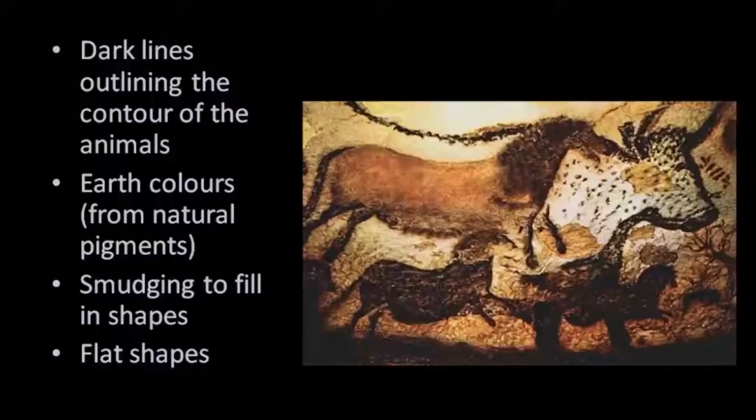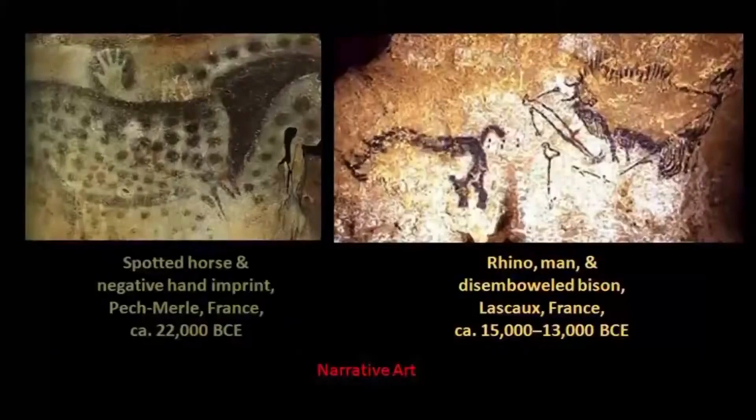Sometimes there would be rough textures, sometimes there would be just dabs of colors, sometimes just flat shapes, and so forth. So you have a spotted horse here with negative hand imprint, and there you have a rhino, man, and a disemboweled bison, because that bison had already been eaten up, probably.